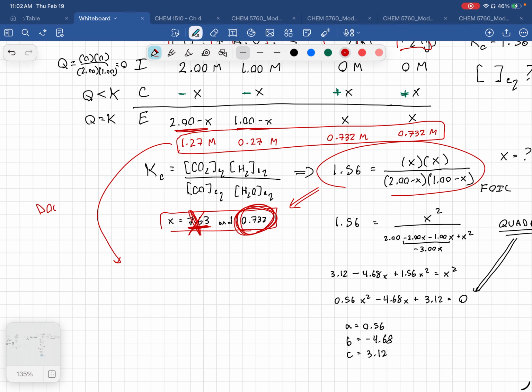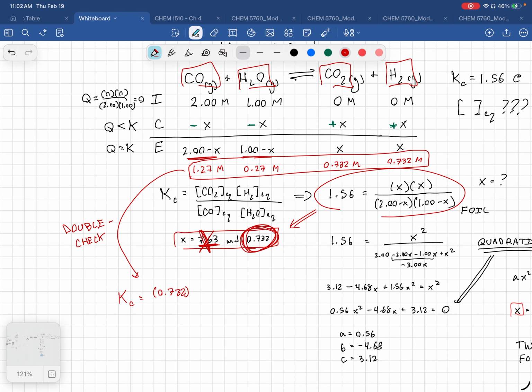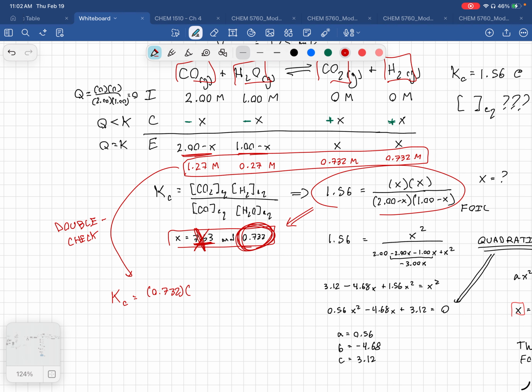So, double check. And how are we going to double check this? Well, we're going to resolve for Kc by plugging in those values. So remember, 0.732, that's the concentration of our CO2 to the first power, concentration of our H2 to the first power, over the concentration of CO to the first power, which is 1.27, and the concentration of H2O to the first power, 0.27.